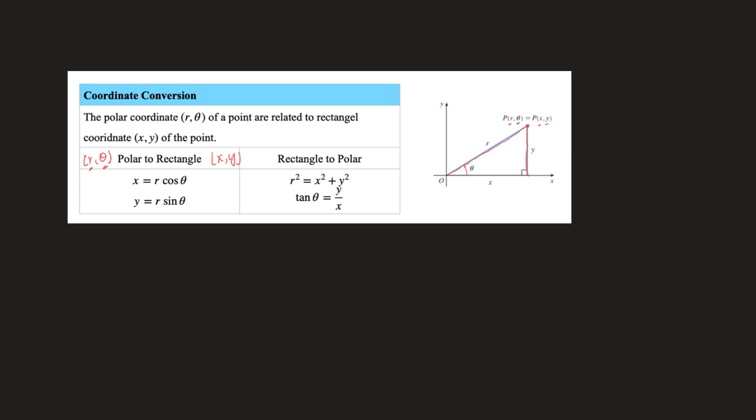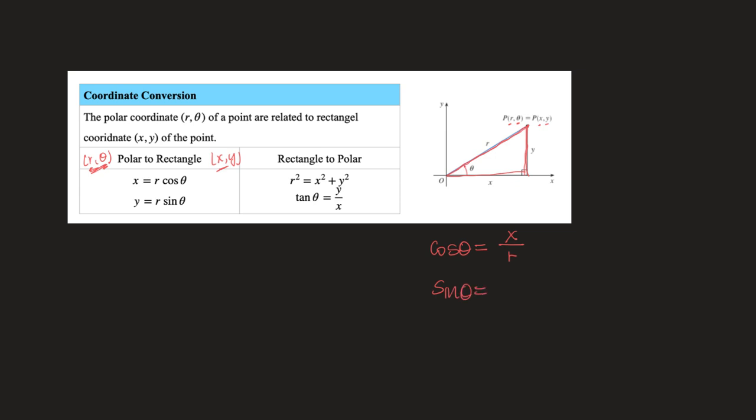We use the definitions of trigonometry here. We know r and theta and want x and y. Using this right triangle, cosine theta is x over r, adjacent over hypotenuse.